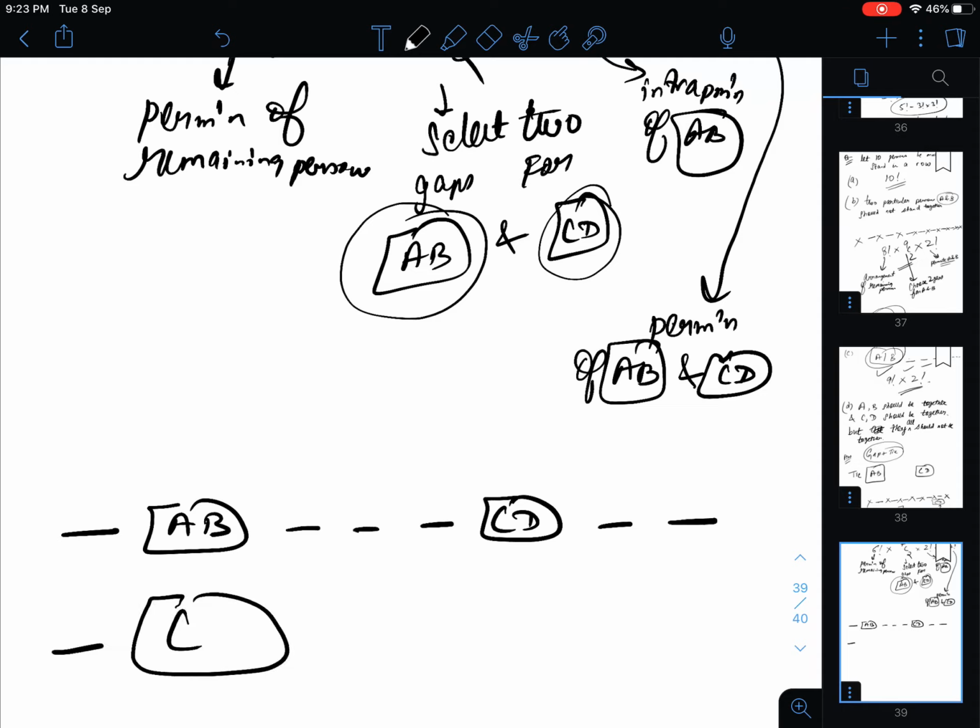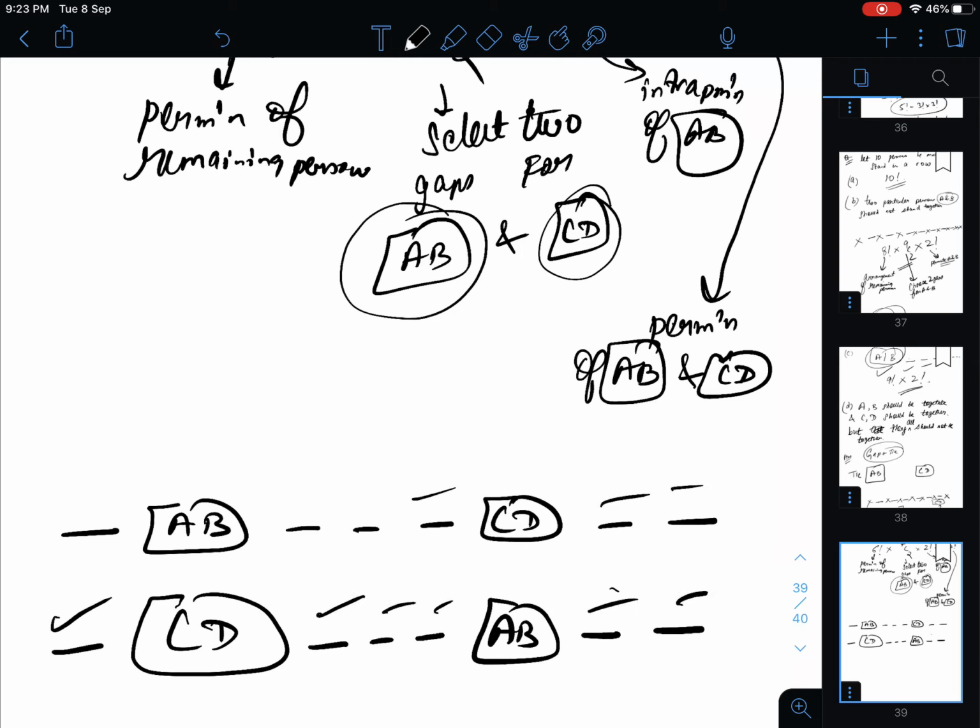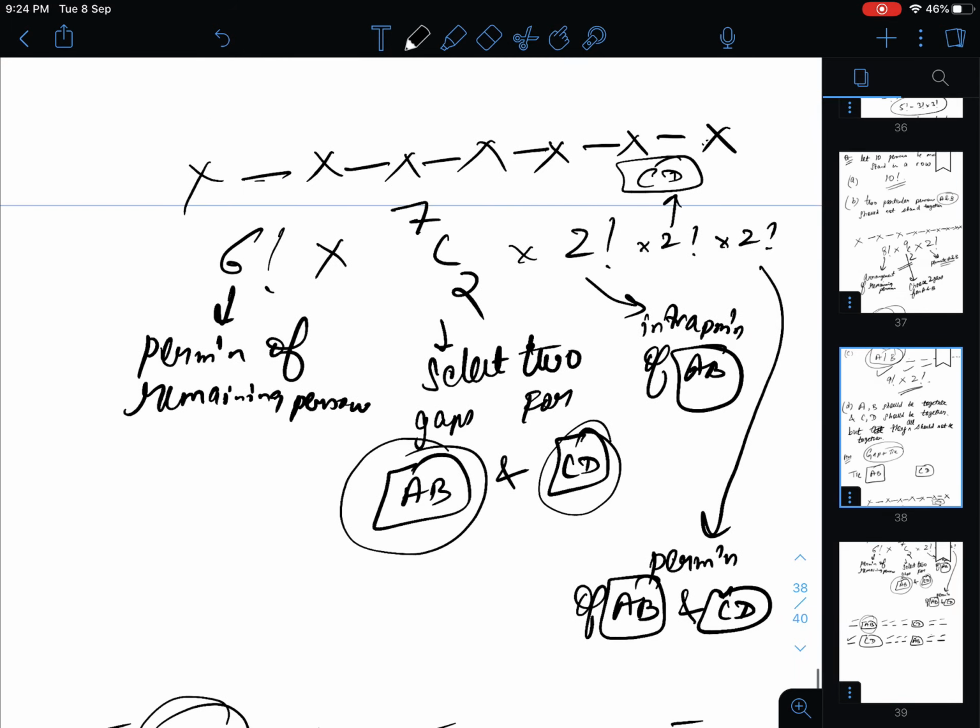You can have CD here, AB here, and these are the remaining 6 letters, but you can permute these 2 boxes which contain AB and CD also. So this 2 factorial accounts for the permutation of these 2 boxes.